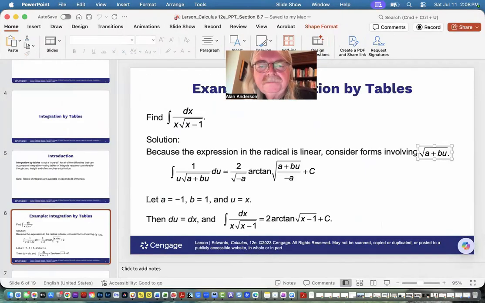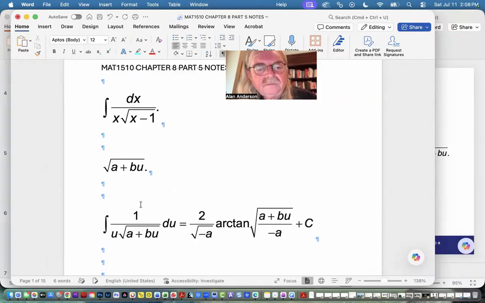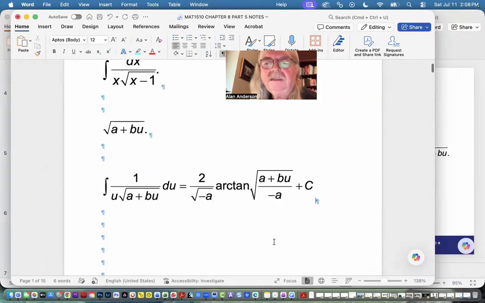So now it looks like the one they have in mind is this one. It involves arctangents. So where exactly is that in our table, by the way?